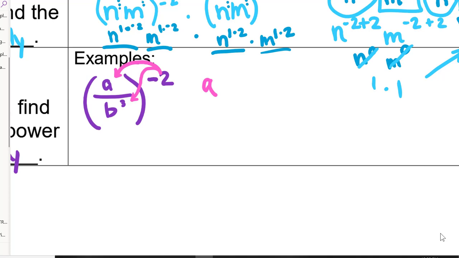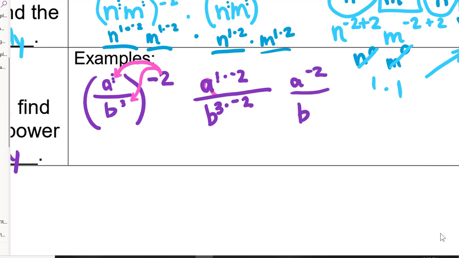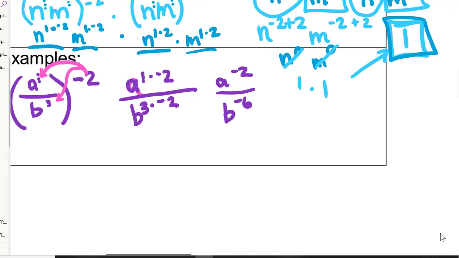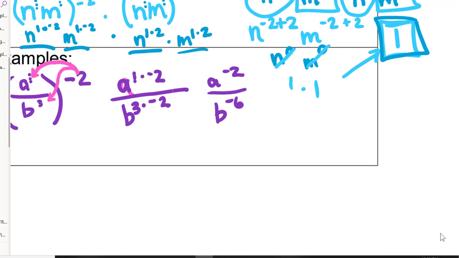So on a, the exponent is not written there, so we know it's a 1. 1 times the negative 2. Then on the bottom, we've got b to the 3rd. That gets raised to a negative 2nd. So then I evaluate both of those. This is a to the negative 2nd and b to the negative 6th. Now the fun thing about this one is that I've got negative exponents in both the numerator and the denominator.